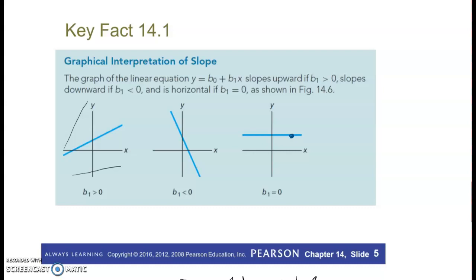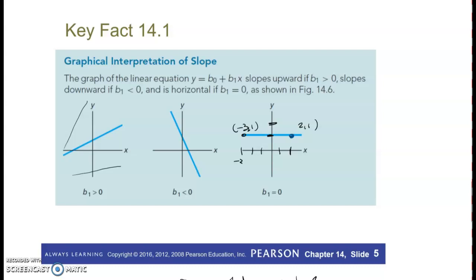Okay? Now, what if your equation is perfectly horizontal? Let's suppose this is the point (2, 1) and this point over here is (-3, 1).